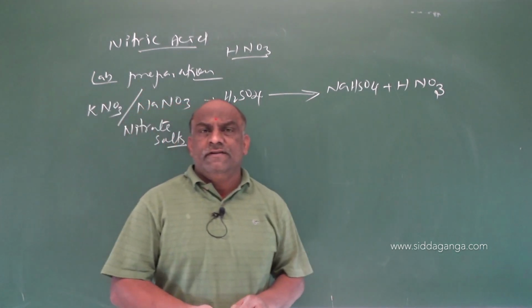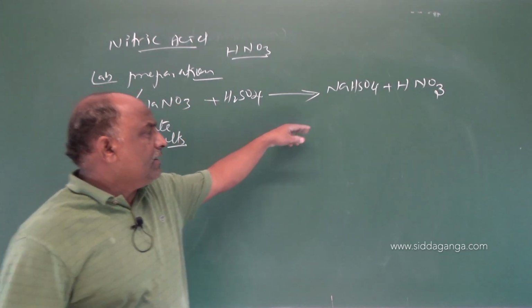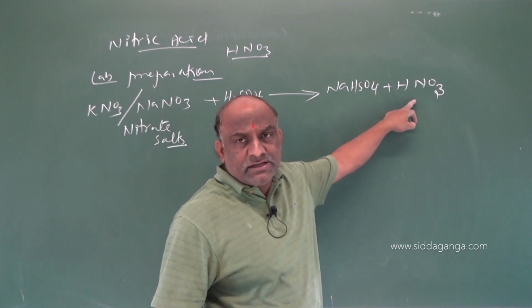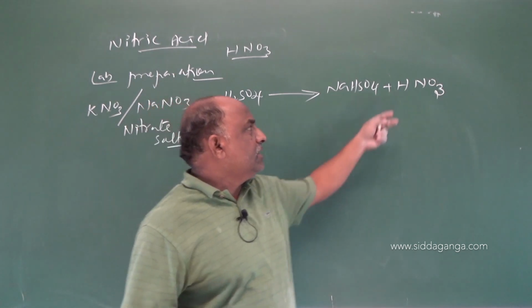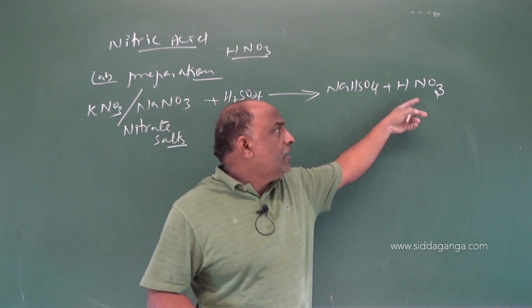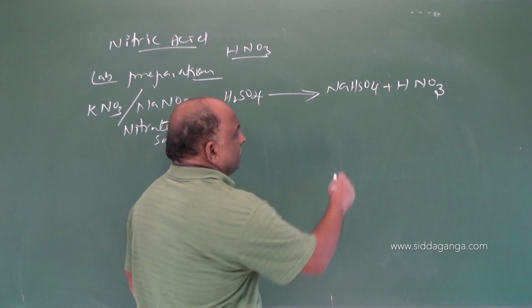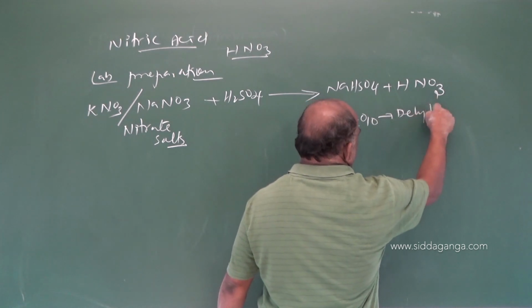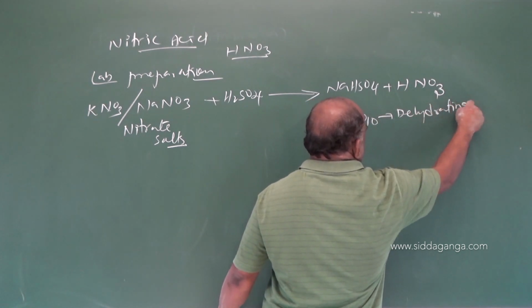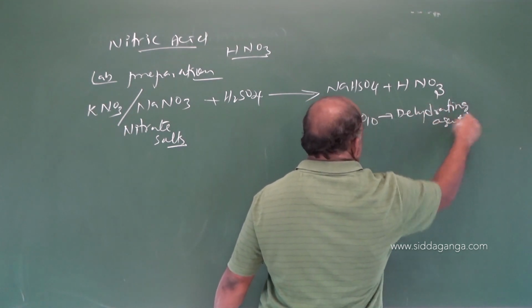So nitric acid is prepared by this method. Dehydrating means removal of moisture, and removal of moisture from this gas requires P4O10. P4O10 acts as a dehydrating agent in the laboratory method.